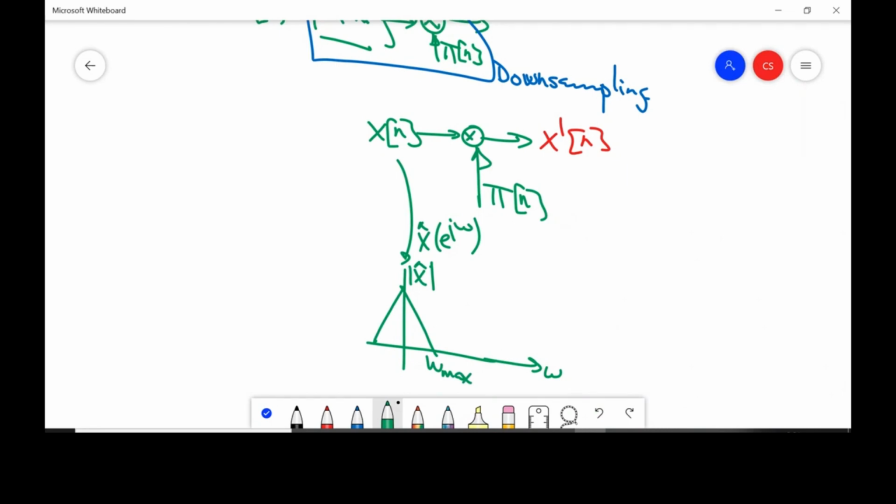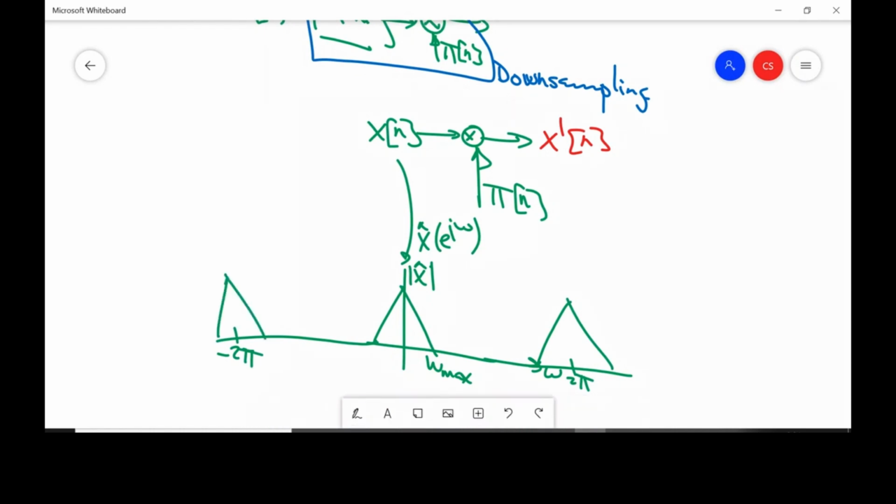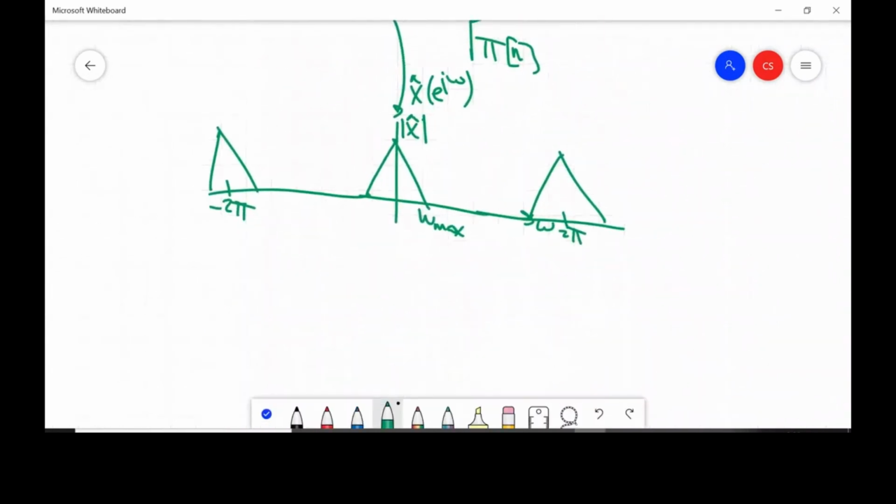And we know that there are copies. For instance, at 2 pi we have another copy of the same spectrum, and at minus 2 pi we have another copy. Now we do the decimation by a factor n.